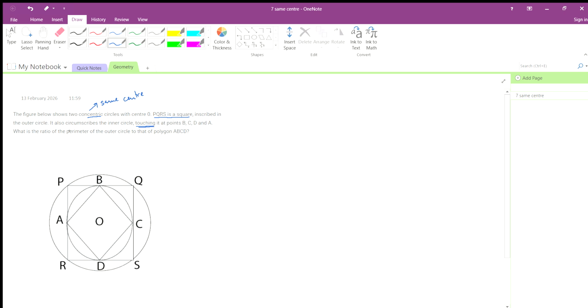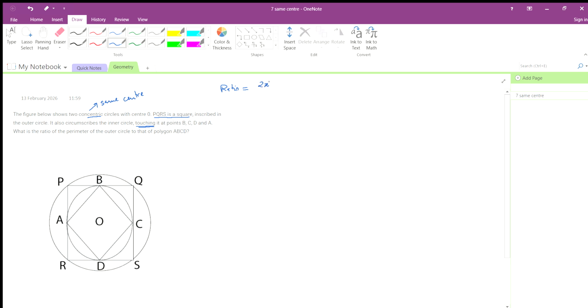What is the ratio of the perimeter of the outer circle? Perimeter is basically the circumference of the outer circle to that of polygon ABCD. So what are we asked? We have to find the ratio of perimeter of the outer circle. Perimeter is basically the circumference, right?